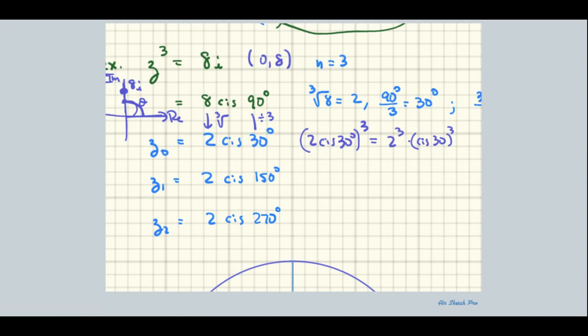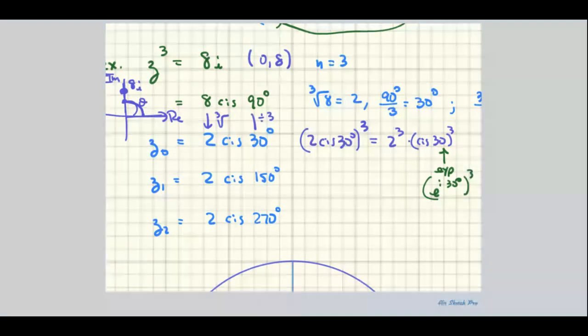Because remember, cis, that angle, is an exponent. e to the i theta, or in this case, e to the i 30 degrees, and I'm cubing that. And that's where you get 8 cis 90. Okay, and that's how it is.